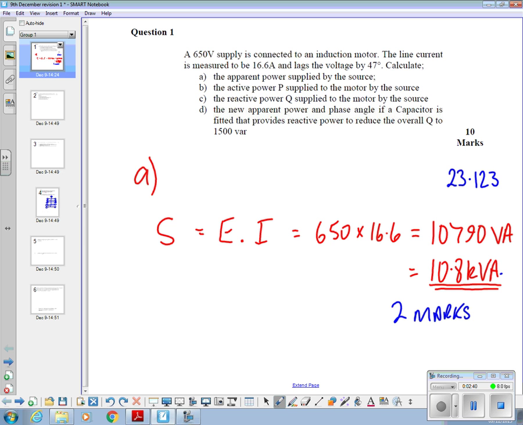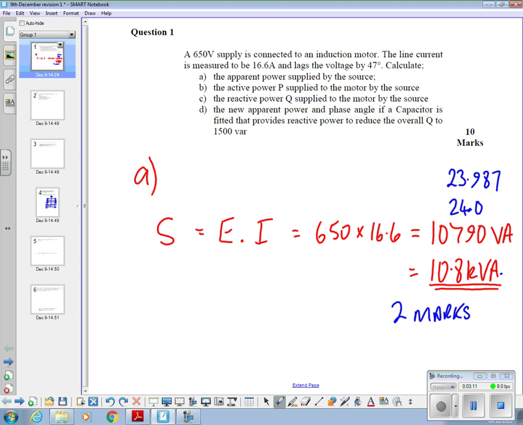23.123 to 3, sorry, I'll just alter that in a minute. 23.9987, right? That rounds to 24 exactly, doesn't it? Write it as 24.0.